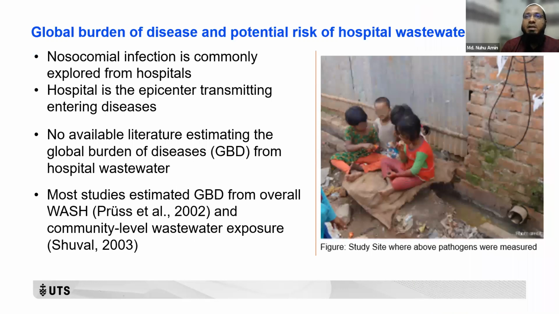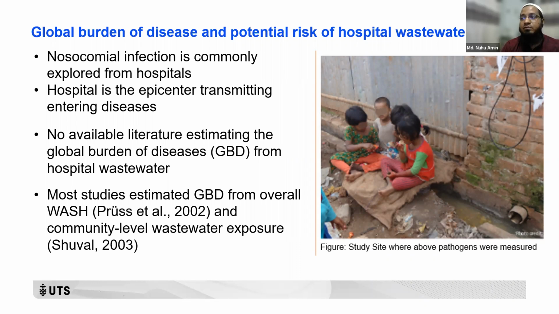The global burden is also unclear, as we are not sure what percentage of disease is contributed by hospital effluent. As I mentioned earlier, hospital effluent merges with the community, and community people get sick.